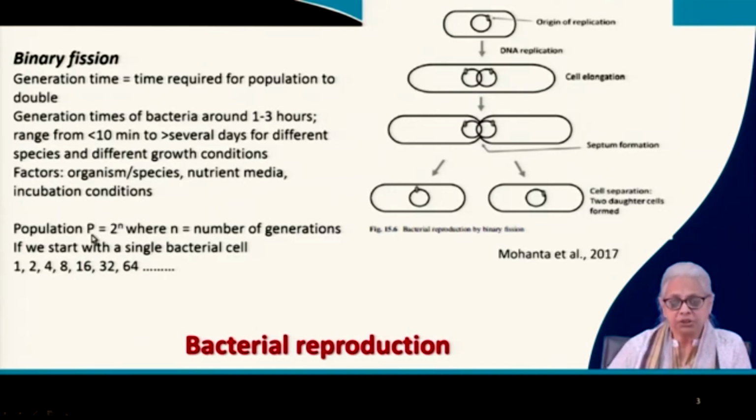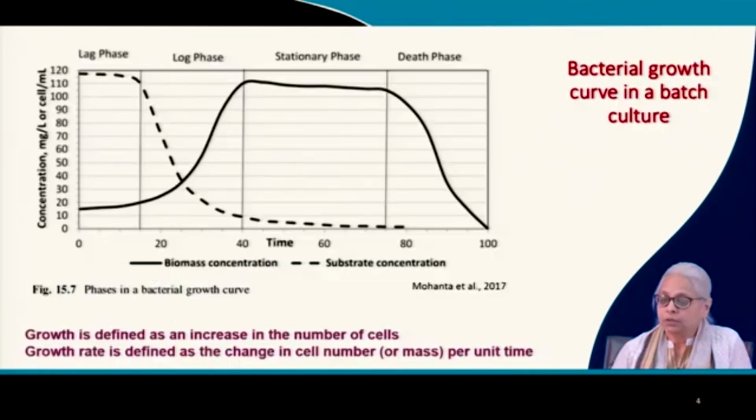So we have population P is equal to 2 to the power N, where N is the number of generations. So this schematic shows you one generation. Now if 2 becomes 4, that would be 2 generations. So like I said, if we start with a single bacterial cell, we get 1, 2, 4, 8, 16, 32, 64, and so on.